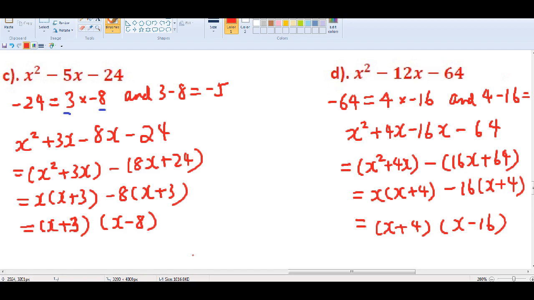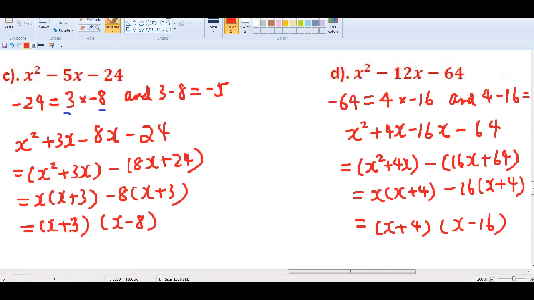So the pair of numbers you need is 3 and minus 8. That's why minus 5x becomes 3x minus 8x. Then you group them and take out the common factor. You've got a common binomial as the common factor, so you just take that common binomial out, and you get x minus 8.